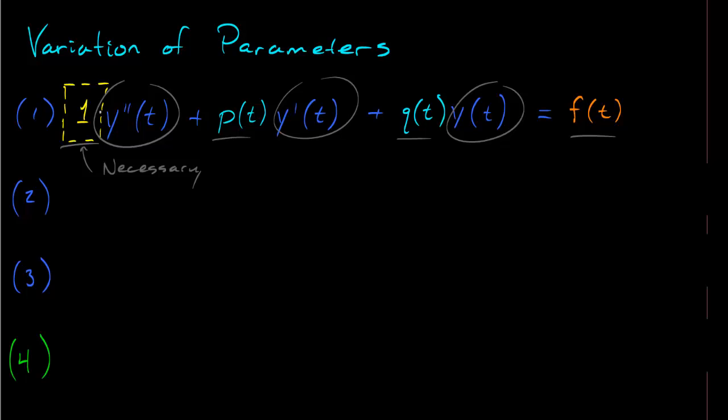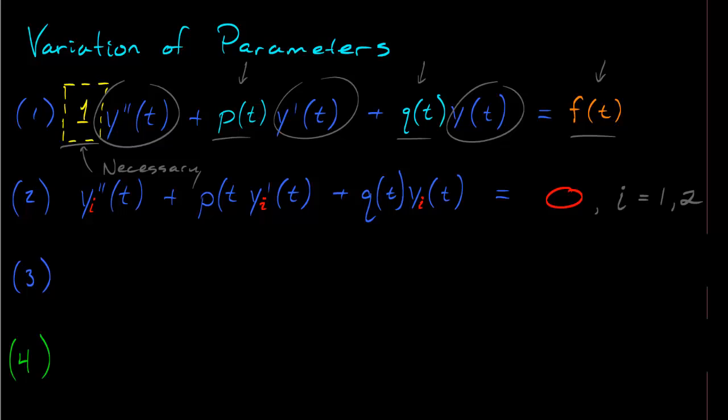So if you're looking at an equation like that, you should divide the entire equation through by that leading coefficient so that it becomes 1. That will change p of t, and it will change q of t, and it will change f of t. But at that point, we'll be able to proceed and solve the equation using variation of parameters.